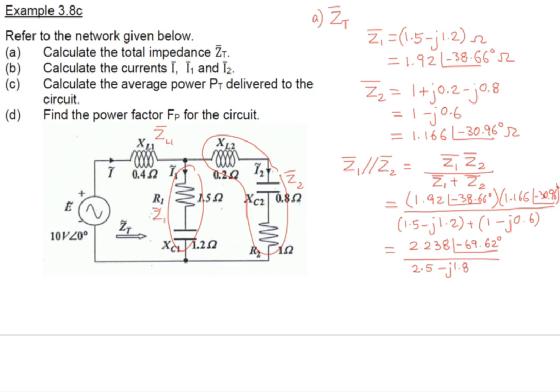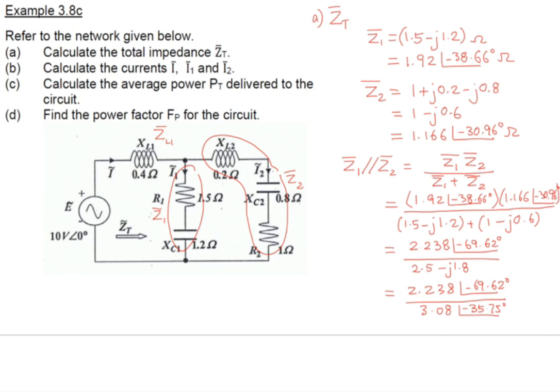That gives me 2.238 angle of minus 69.62 degrees over 3.08 at the angle of minus 35.75 degrees.